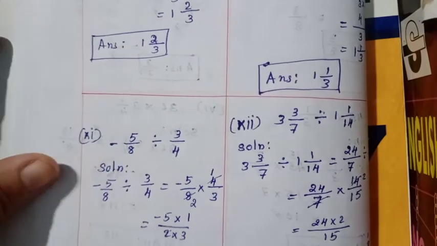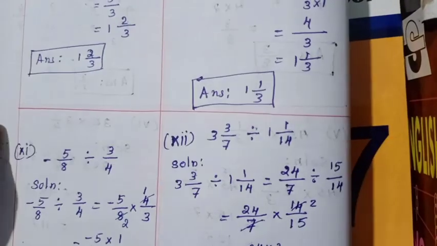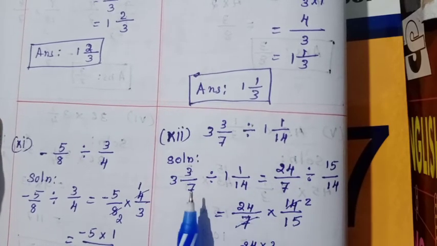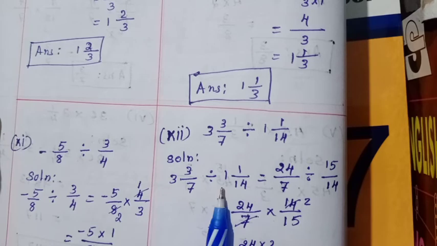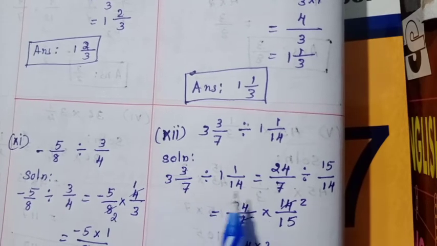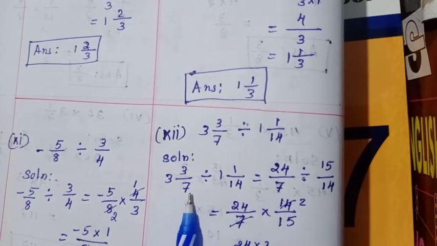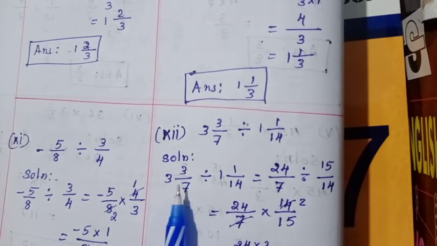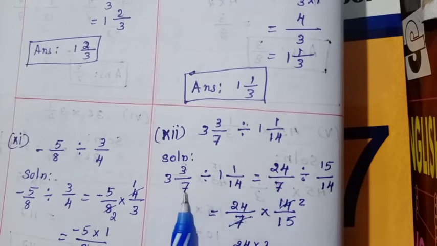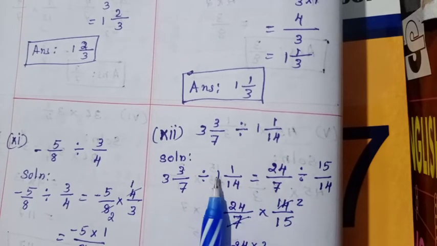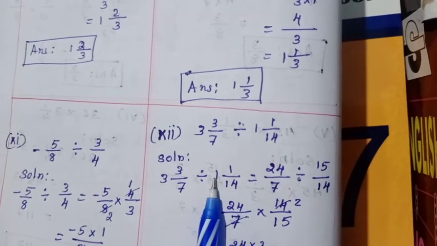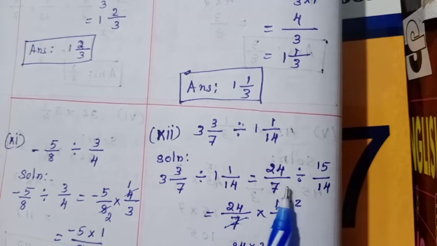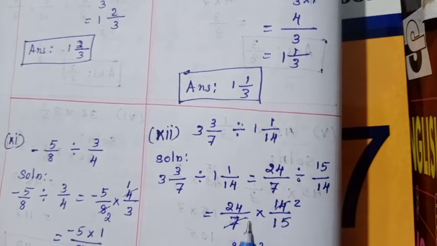Next, number 12. 3 by 7 divided by 1 by 14. So both numbers are mixed fractions. First, convert them to improper fractions. 3 by 7, we can write 7 into 3, 21, 21 plus 3, 24 by the same 7, divided by 1 by 14. 14 into 1, 14 plus 1, 15 by 14. Now change that to the multiplication symbol, that is into.